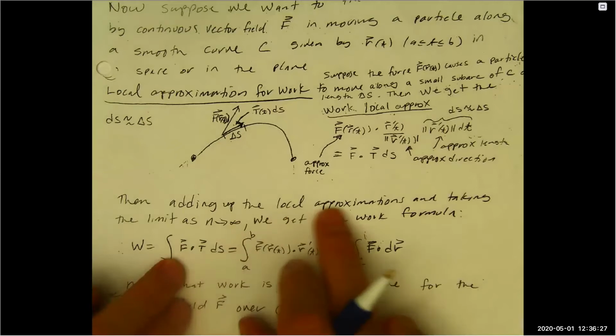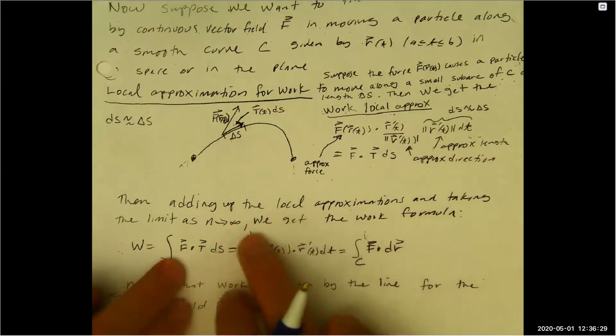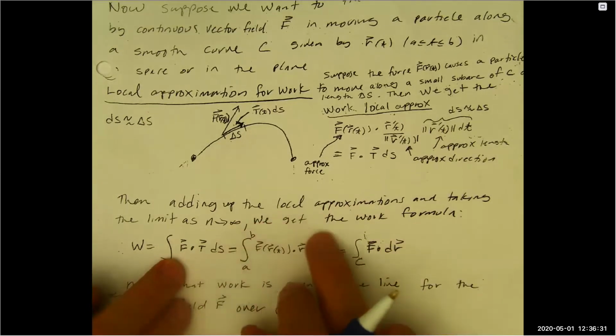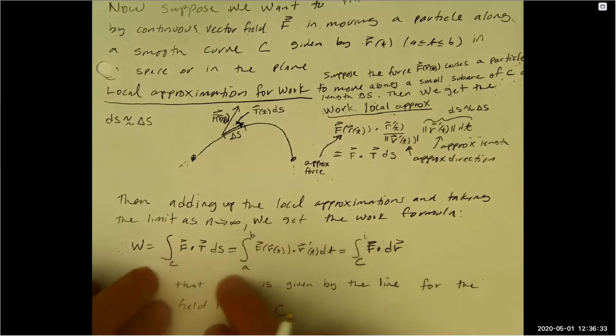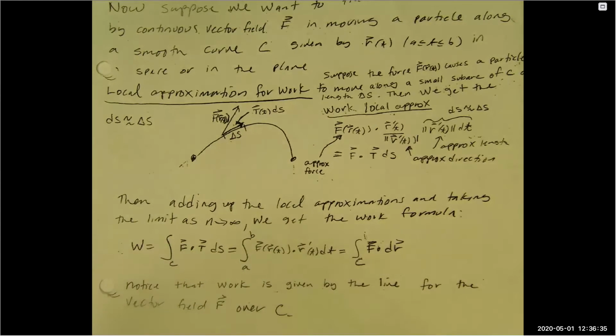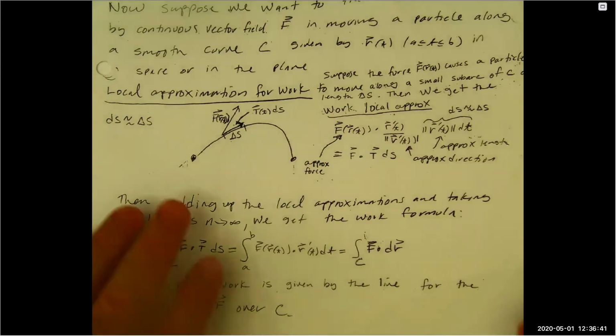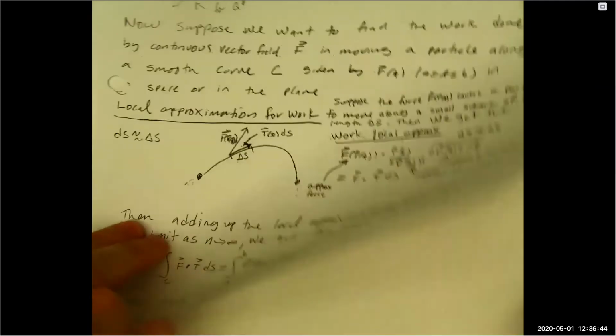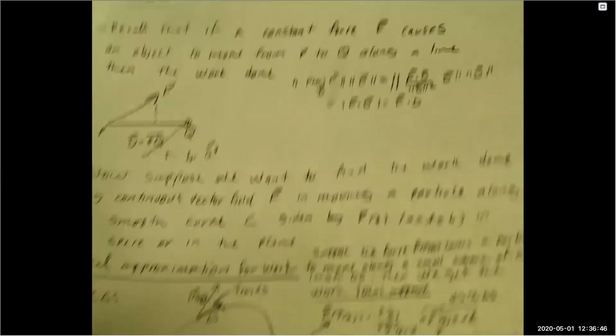So this is just a shorter way of arguing out a formula rather than going through a long-winded Riemann sum argument. All right, so we're going to take a look at one example of calculating work today.